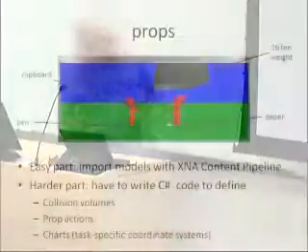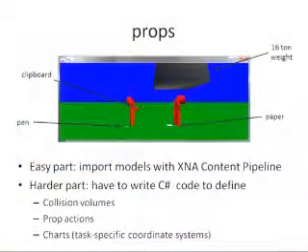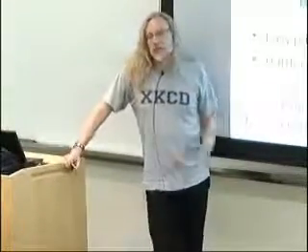All right. Then the other thing you want, of course, are props. The easy part is it's built on XNA, so you can just use the content pipeline to pull in any old model you want. The harder part is that, at least in the current system, if you want a better collision proxy than its bounding box, you need to write some C# code.